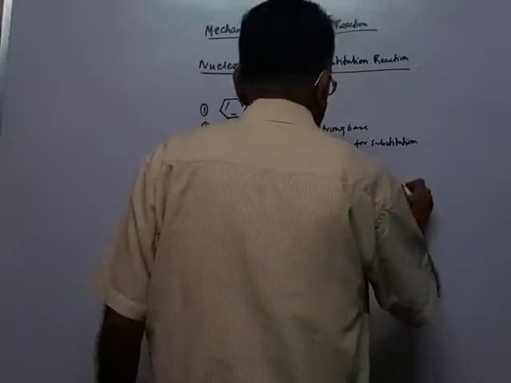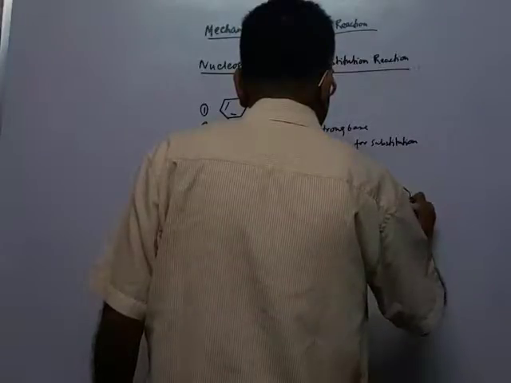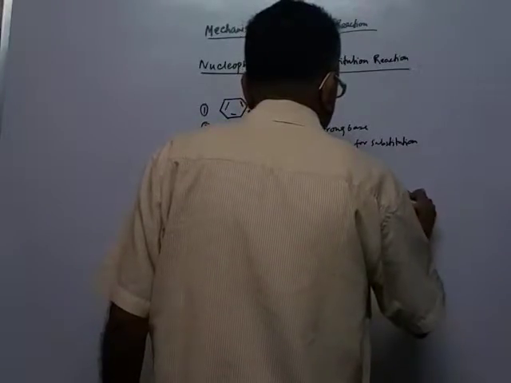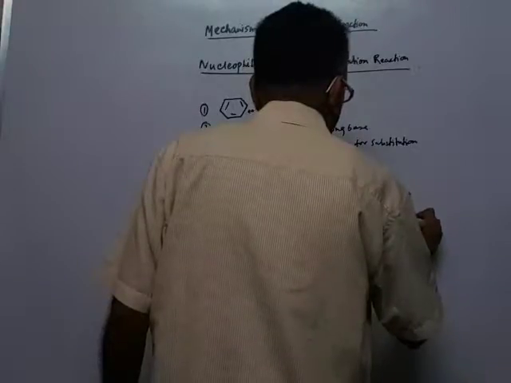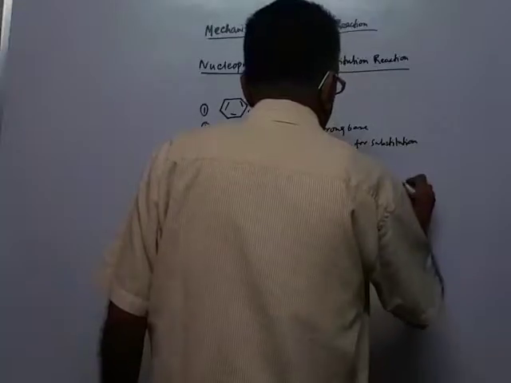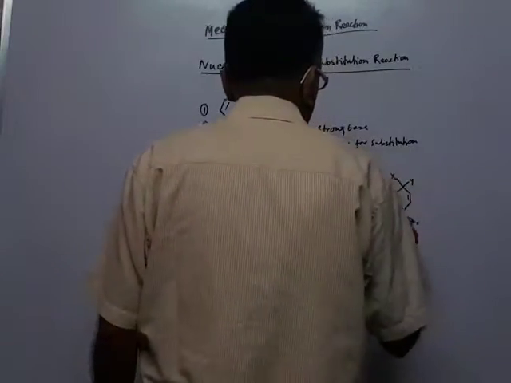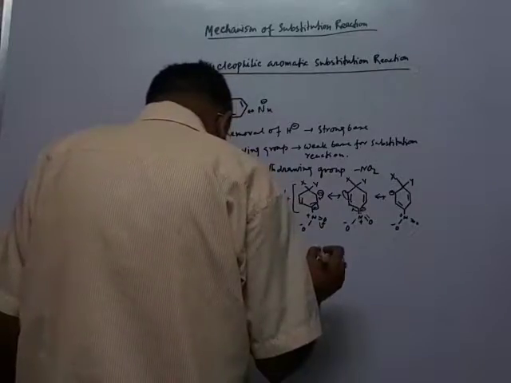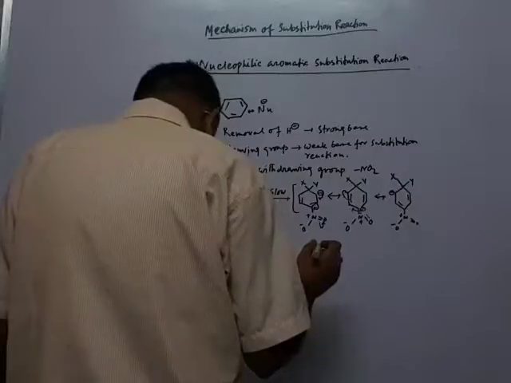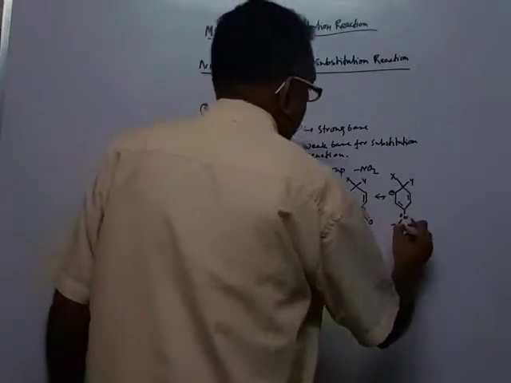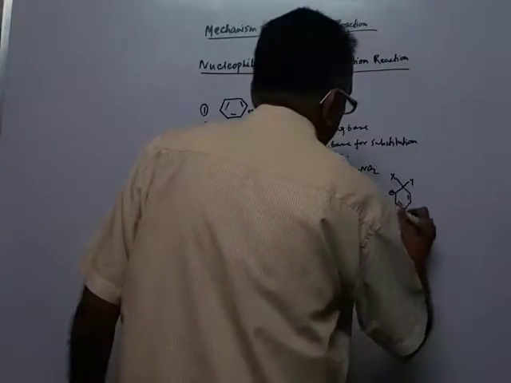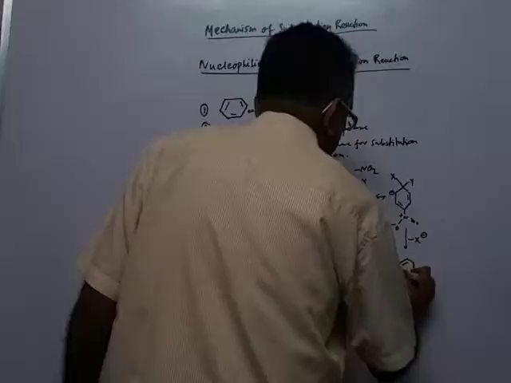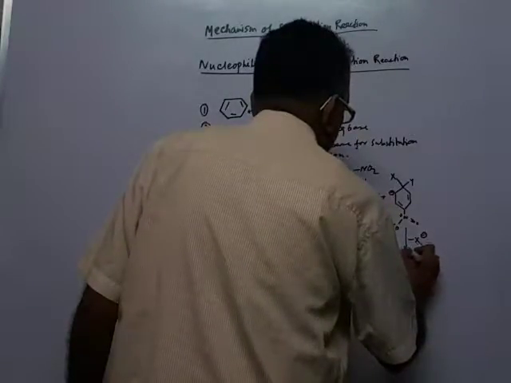And the next step is like this. We have Y and X, and finally this X is removed, as X minus, and we get the nucleophilic substituted product, this one, Y NO2.